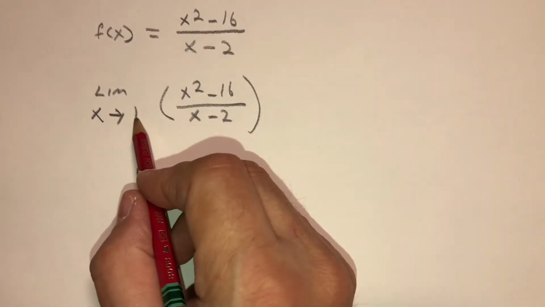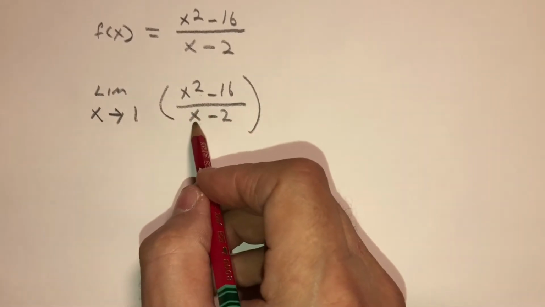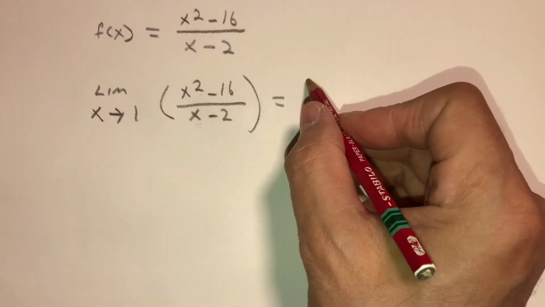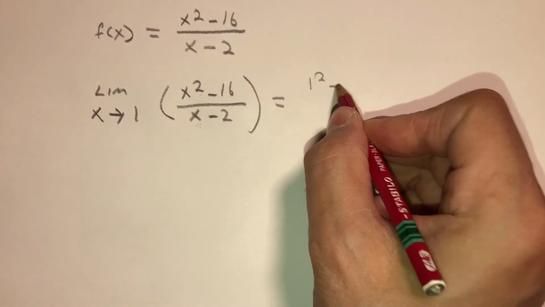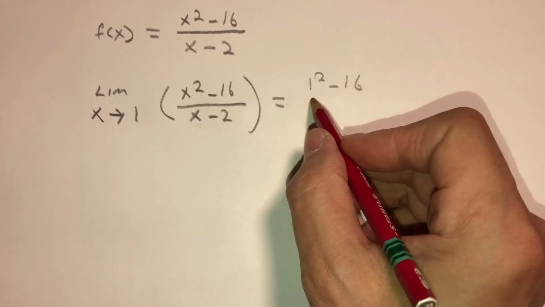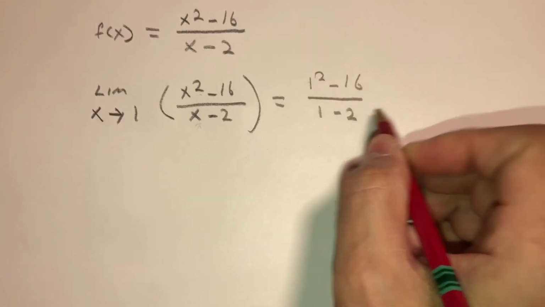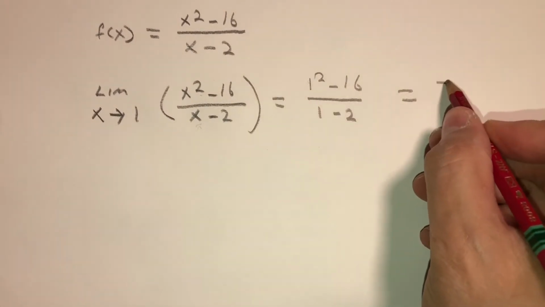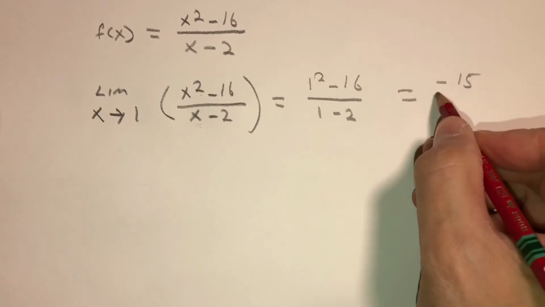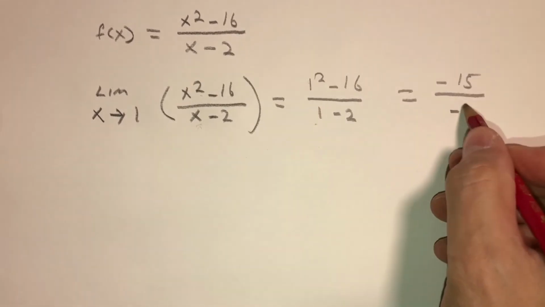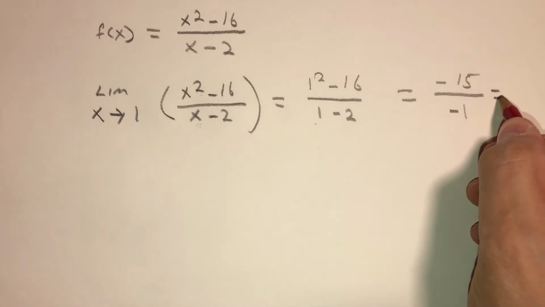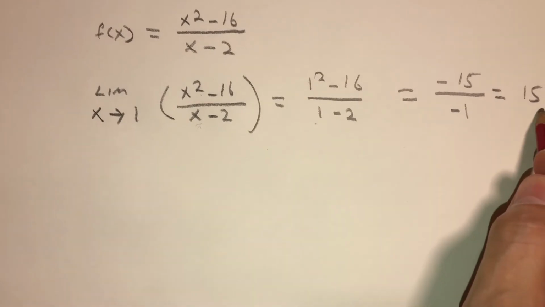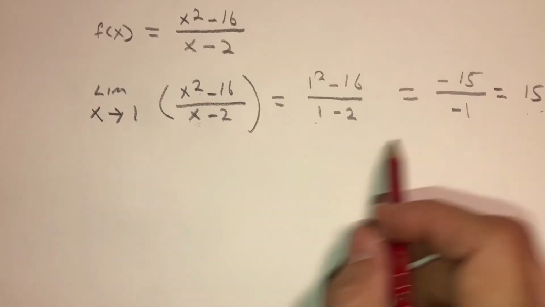Now if we can just plug this in and not get division by 0, that's what we do. So we're going to just plug it in, and we get 1 squared minus 16 over 1 minus 2, right? And that's going to be negative 15 over negative 1, and that'll just be 15. So this limit is 15.